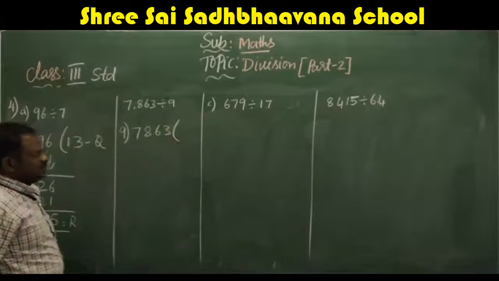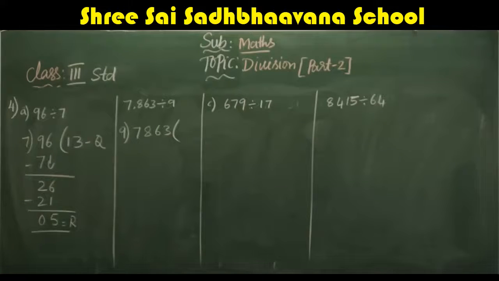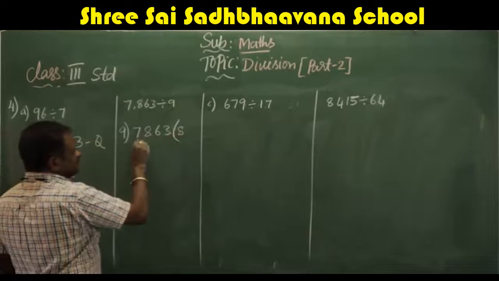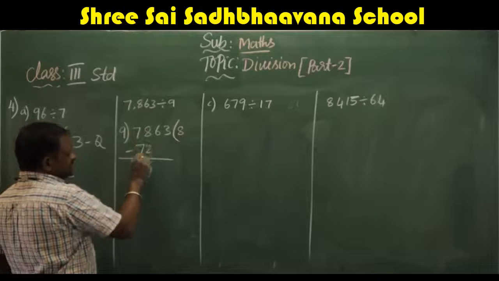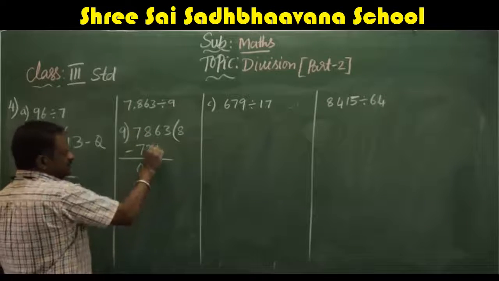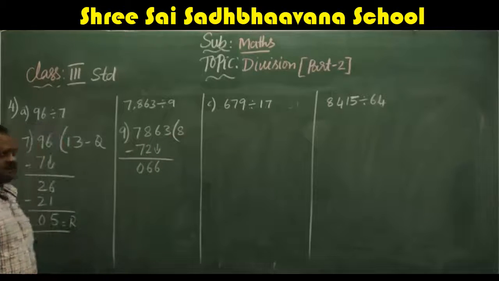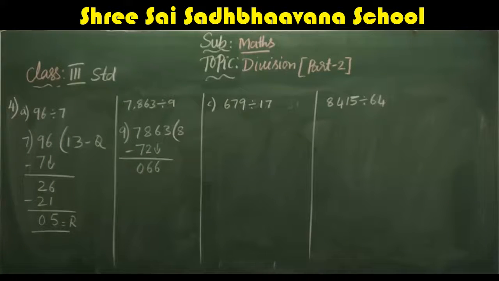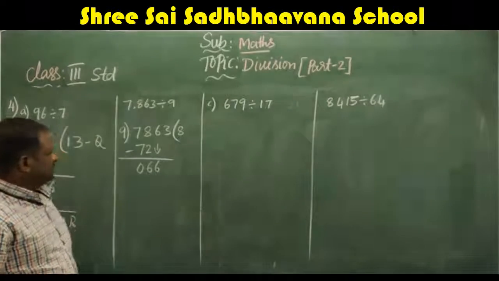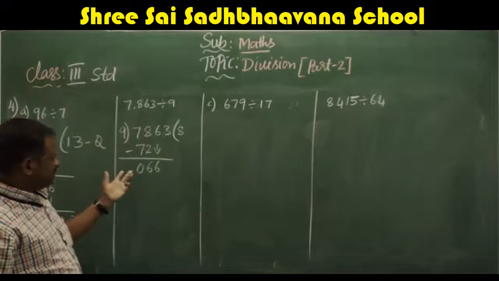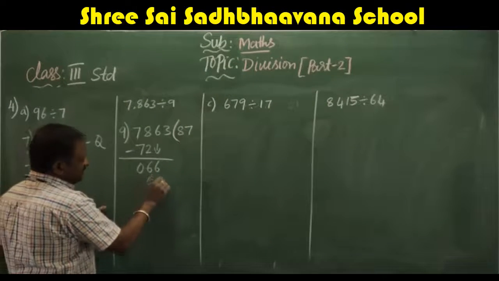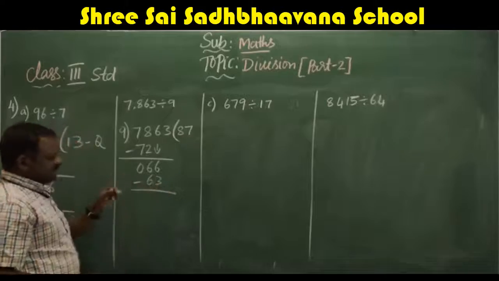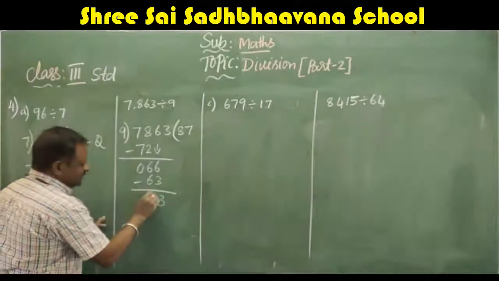From 9 you divide 7863. So 70 is there. 9 eights are 72. 8 minus 2 is 6, 7 minus 7 is 0, you take down 6. How many times will it divide? 9 eights are 72, so 9 sevens is 63, 6 minus 3 is 3, 6 minus 6 is 0.